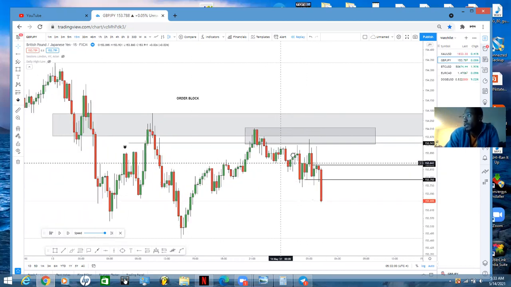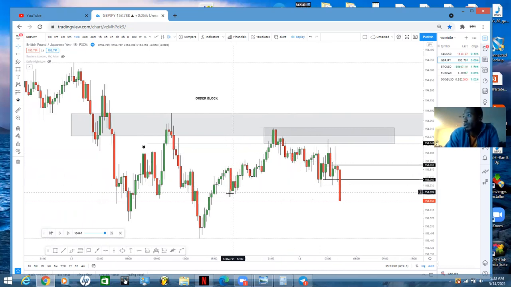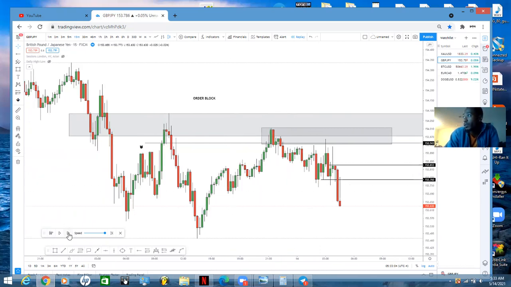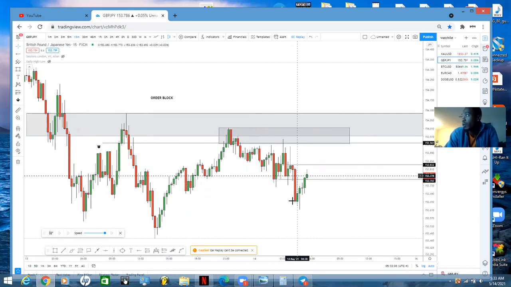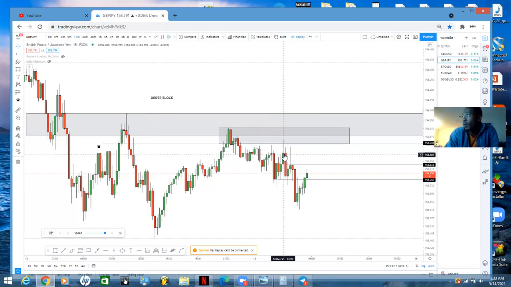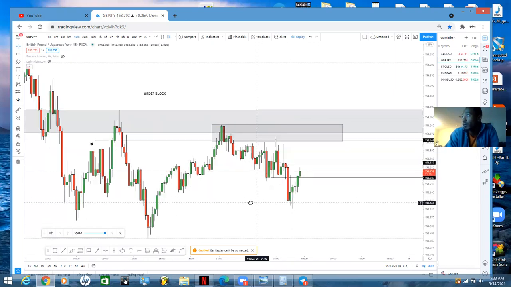So we got this nice fall right here, breaking this structure low right here. The price seemed to want to come back and retest. So notice we failed coming back into this area to retest. So I'm really not expecting price to come back up in this area, being that we already had this push high, breaking these equal highs, and a nice new low right here.